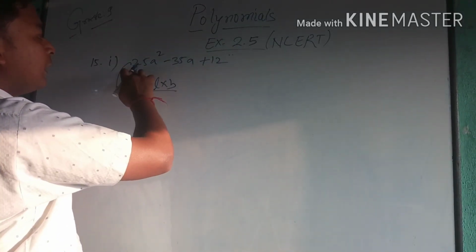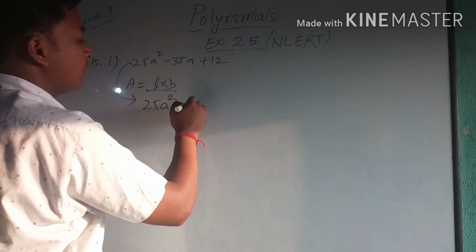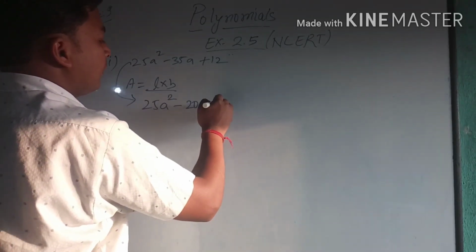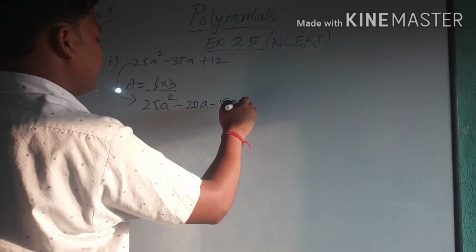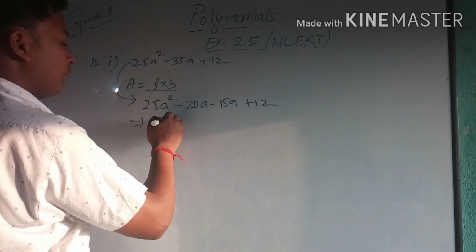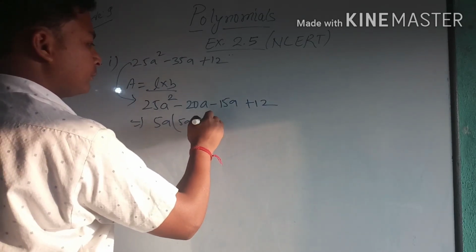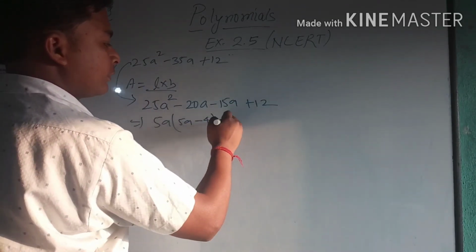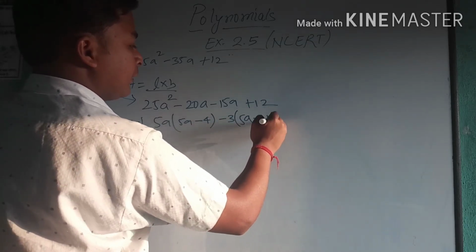If we factorize 25 and 12, we have to split 35. It will give 25a square minus 20a minus 15a. If we take common in both, 5a is common, and minus 3 is common: 5a minus 4.